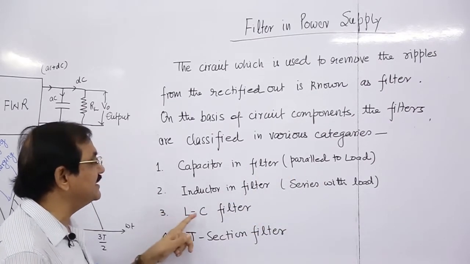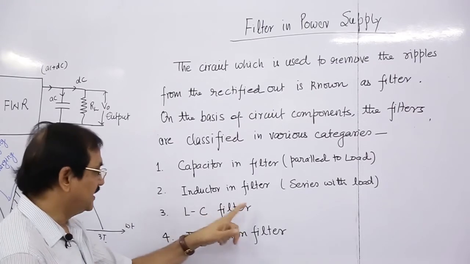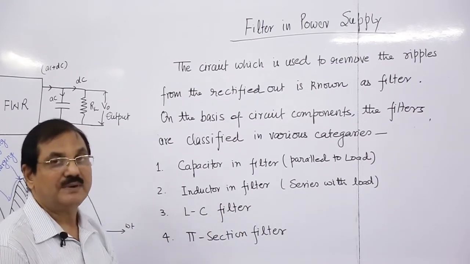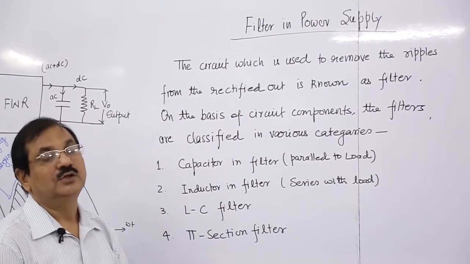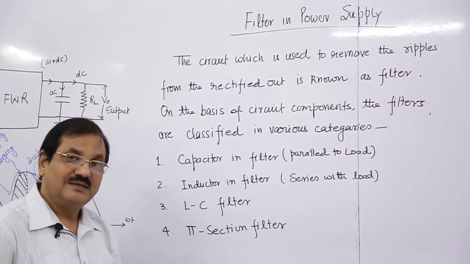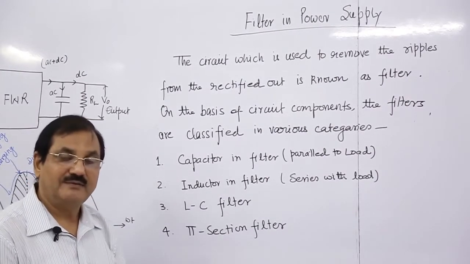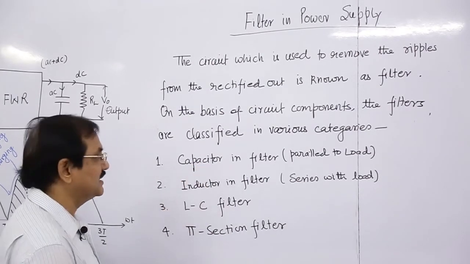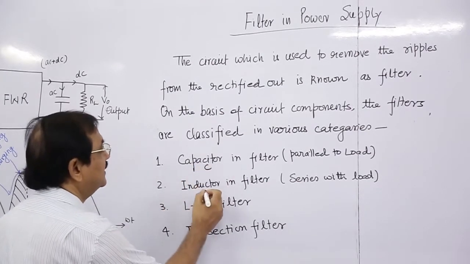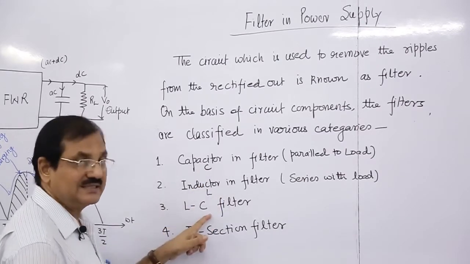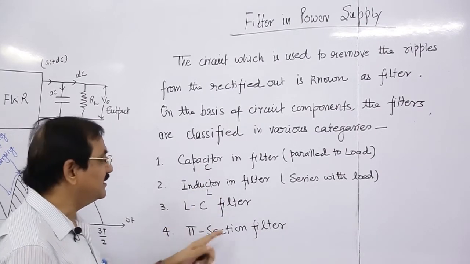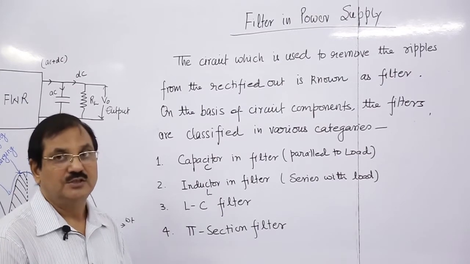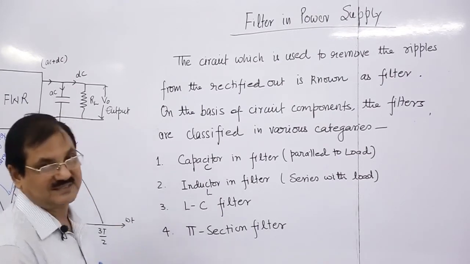Then the third is the LC filter, and the fourth one is the pi section filter. So under this topic we use a capacitor C, an inductor L, then LC combined, and then another arrangement, the pi section filter.